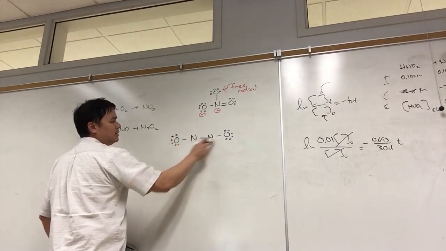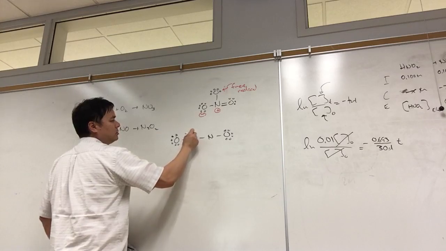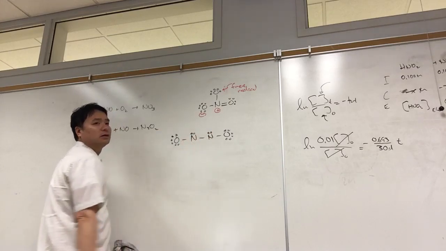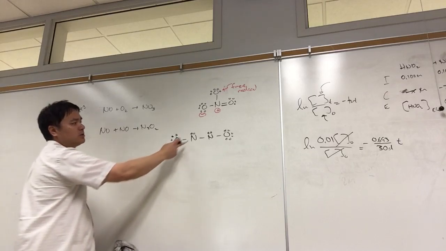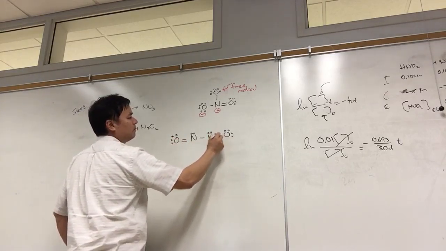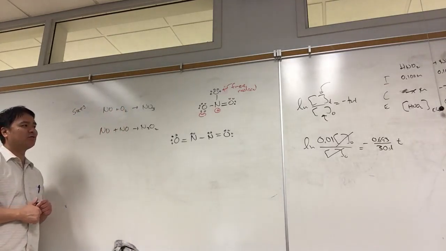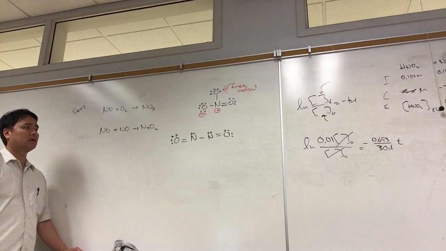The nitrogens don't have an octet, so we'll make an octet there. And so N2O2 has 0 formal charges and no free radicals.